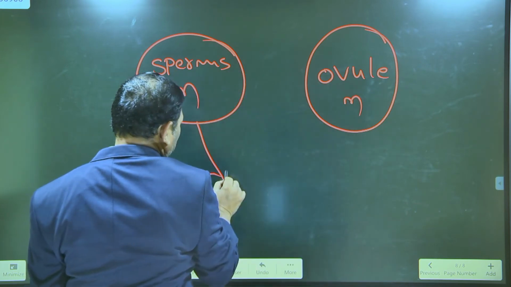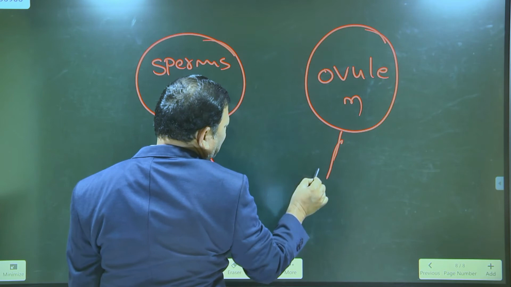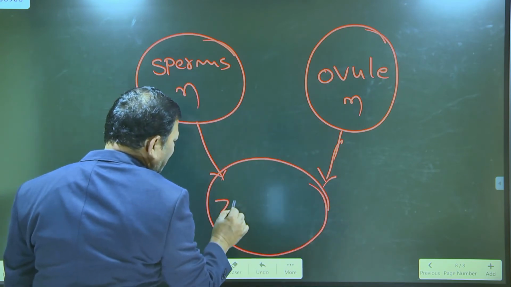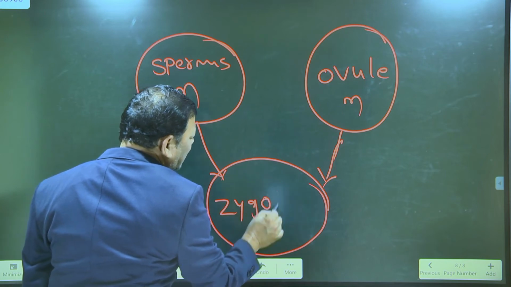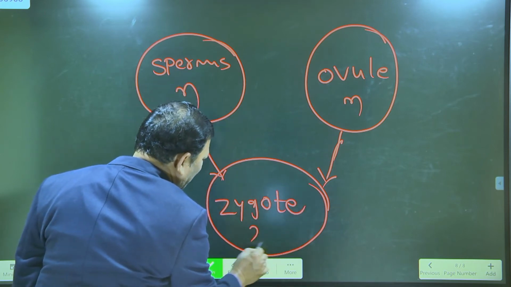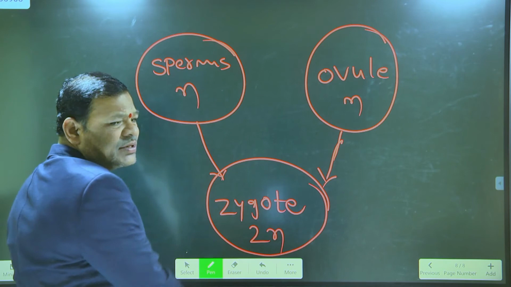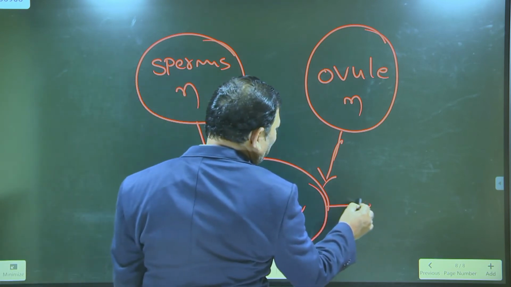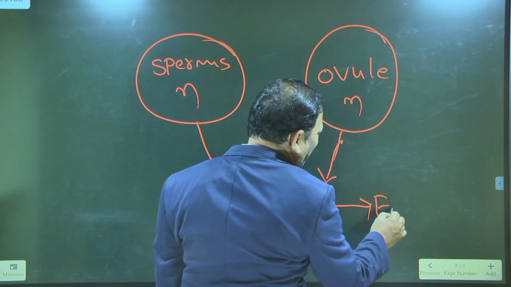When this fusion takes place, a zygote is formed. The zygote is always diploid, with a full set of chromosomes. That zygote develops into the embryo.